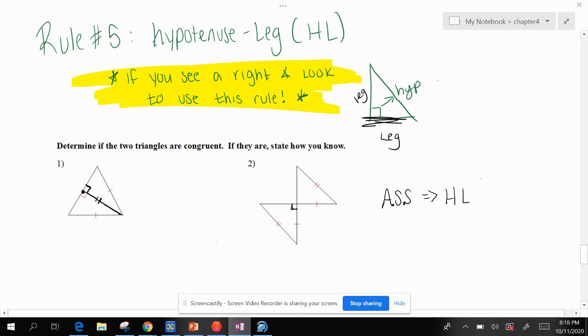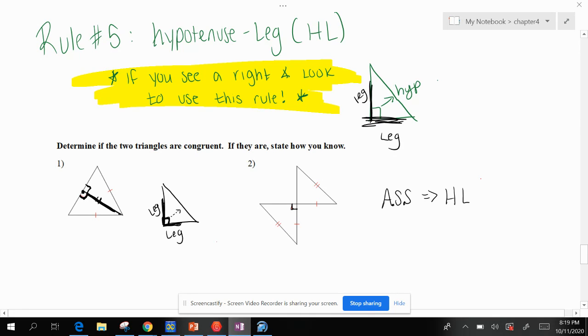So then I look again, I go, okay, well, this is a right angle. This is called a side, but for a right triangle, the two sides coming off of this little box are actually called legs, like I have up here in this picture.